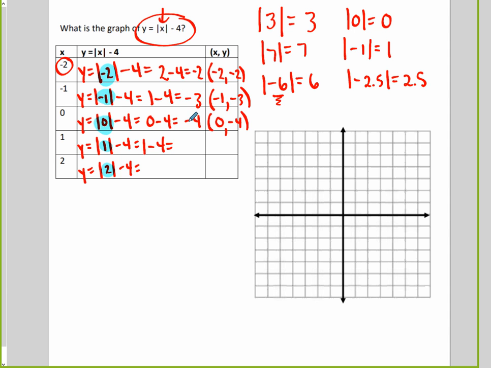We're going to get negative 3 again. So this is another one of those problems with symmetry, because we're getting twin points. Negative 3 was our answer. Negative 3 is our answer again. Negative 2 was our answer. I bet negative 2 is our answer again. And it is, because 2 minus 4 is negative 2.